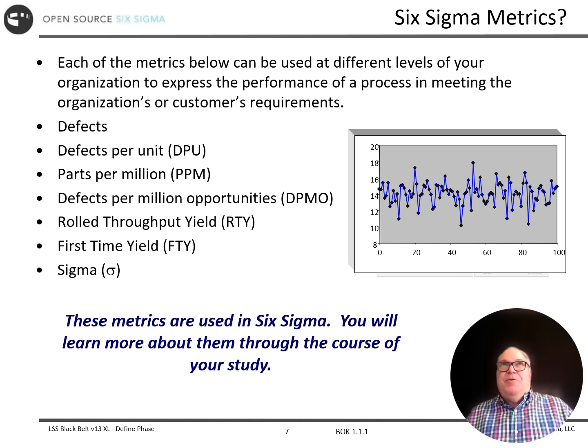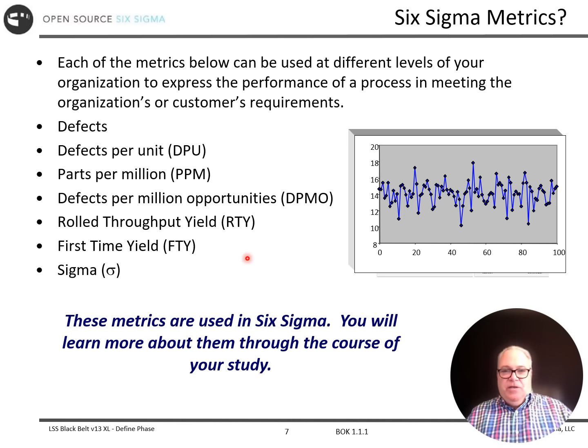But a lot of people can't relate to the fact that they're on a Z scale and, you know, 1 is 68% and 2 is 95%. That doesn't translate right in their vernacular. So a lot of times we'll use things like yield or parts per million. We can use defects per unit, yield. So whatever works for your organization.